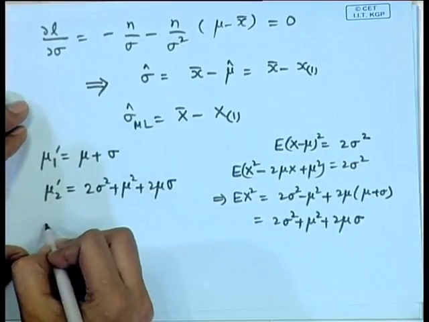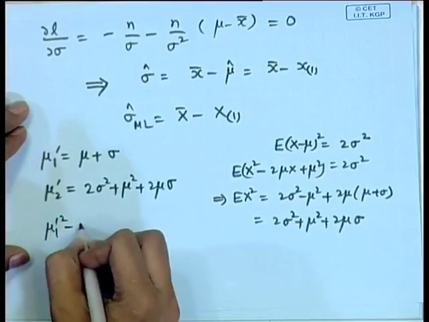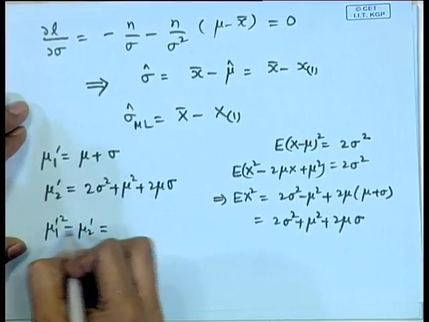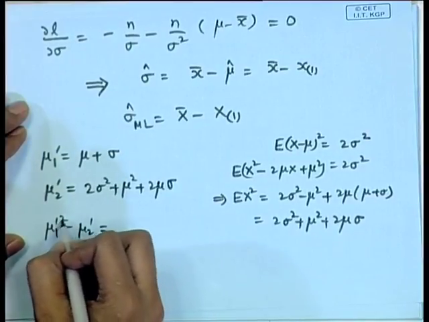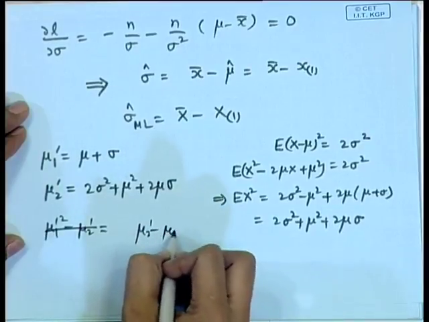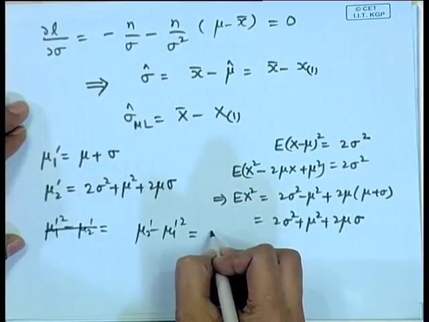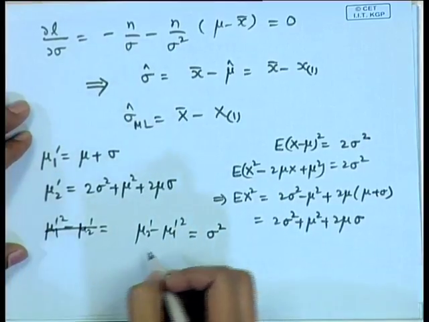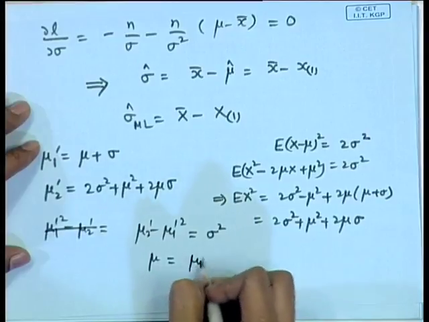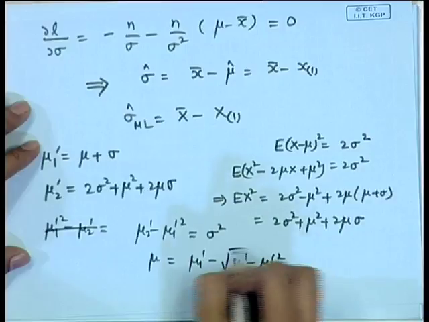Now, if we consider mu 2 prime minus mu 1 prime square, then that gives me sigma square, and therefore, mu becomes mu 1 prime minus square root of mu 2 prime minus mu 1 prime square.